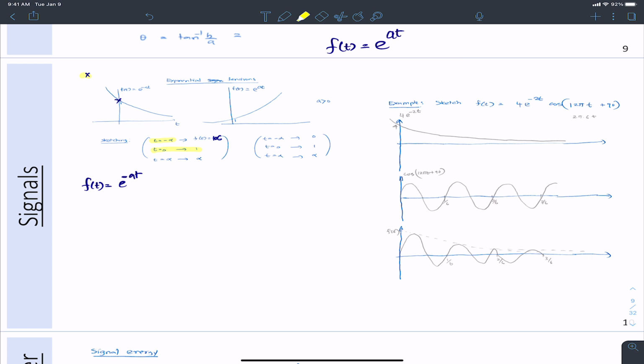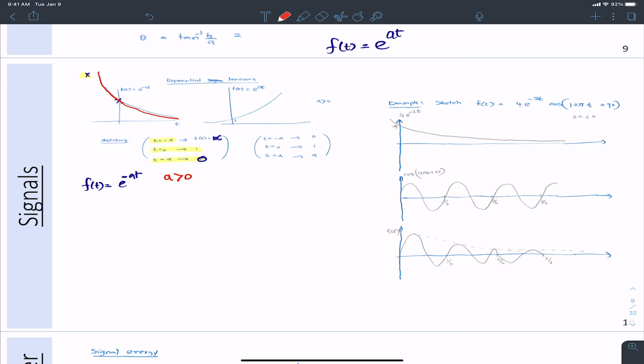And when t goes to infinity, f(t) goes to 0. This is wrong; you have to correct it in the lecture notes. So that is this signal: if t is negative infinity, you are at infinity, cross at 1 and then go to 0. That is under the assumption that a should be greater than 0.